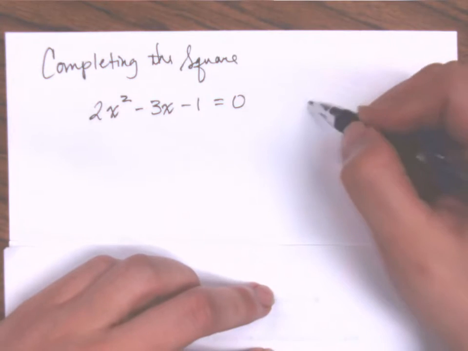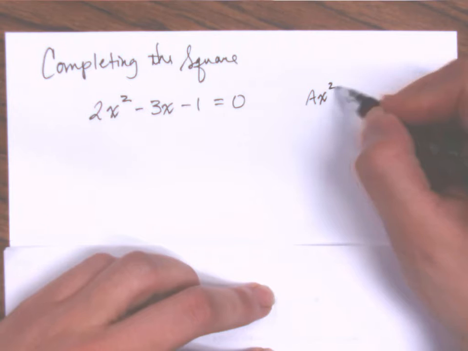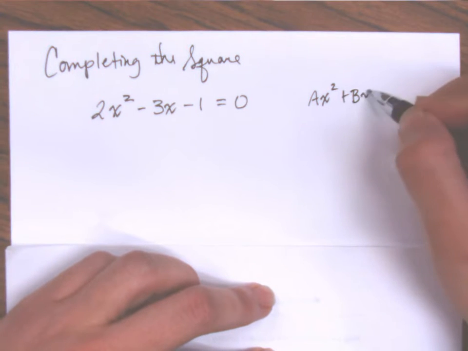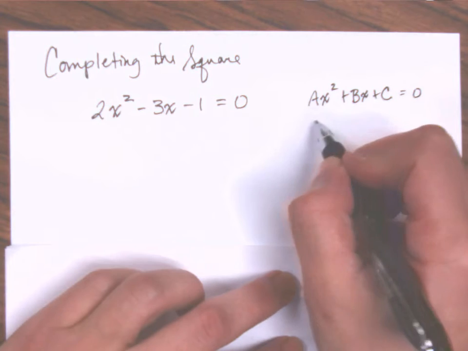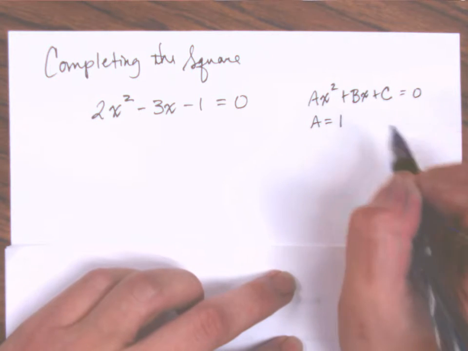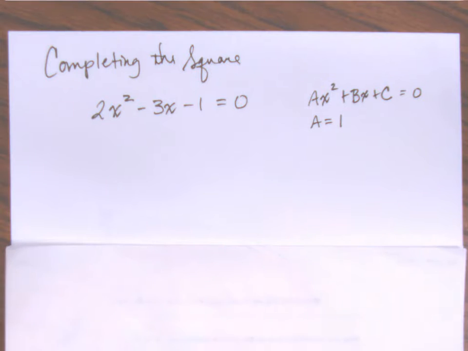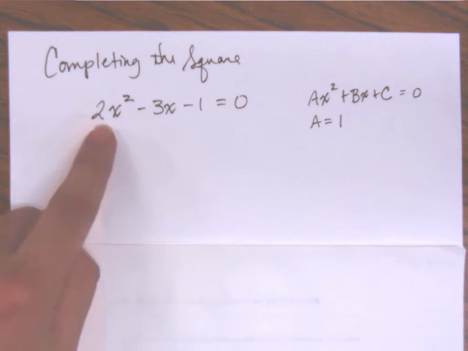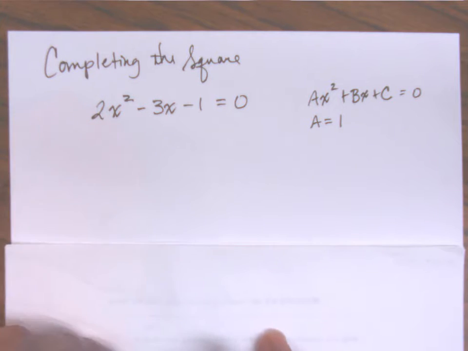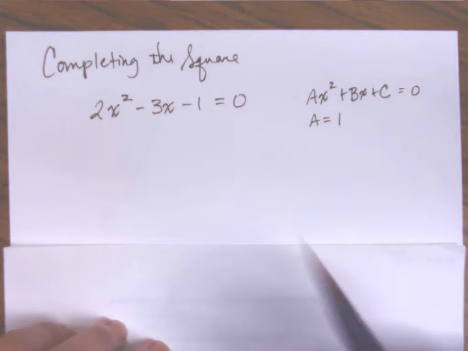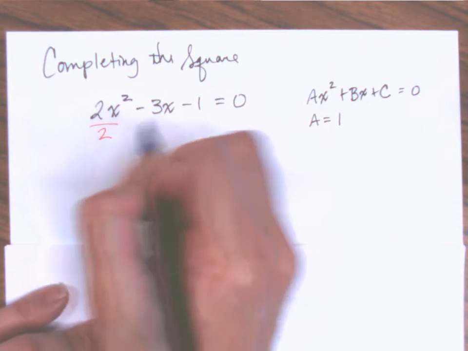Now remember, the standard form of a quadratic is ax squared plus bx plus c, but we needed our a term, or our coefficient of x squared, to be equal to 1, and here it is not 1, it is 2. So we have to divide 2 through all our terms to get rid of it. So we have a coefficient of 1 here. Okay, so on this example, my first step is to divide everything by 2.